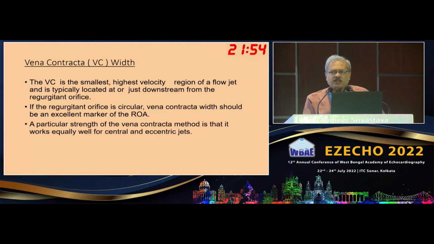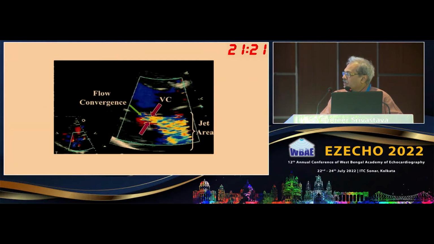The most robust criterion for a single point of mitral regurgitation is if you can document a good vena contracta. Vena contracta is nothing but a color Doppler manifestation of non-coaptation of the mitral leaflets. When mitral leaflets non-coapt in 2D, you know it's a significant leakage. The vena contracta is the highest velocity region of the flow jet and is typically located at or just downstream from the regurgitant orifice.